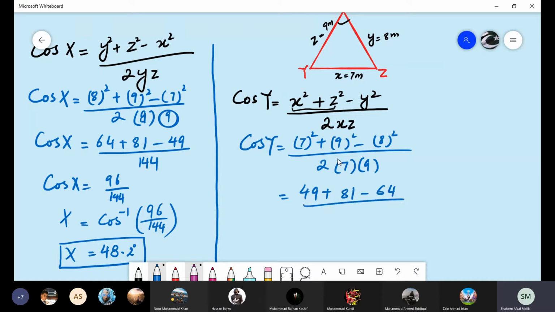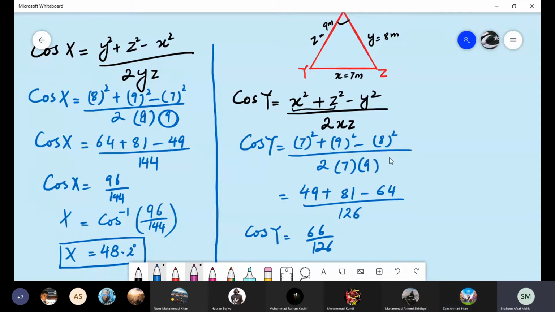Divided by 2 7s are 14, 14 9s are 126. Yes, ma'am. Solve the numerator values and tell me the answer. Ma'am, the answer is 66 over 126.